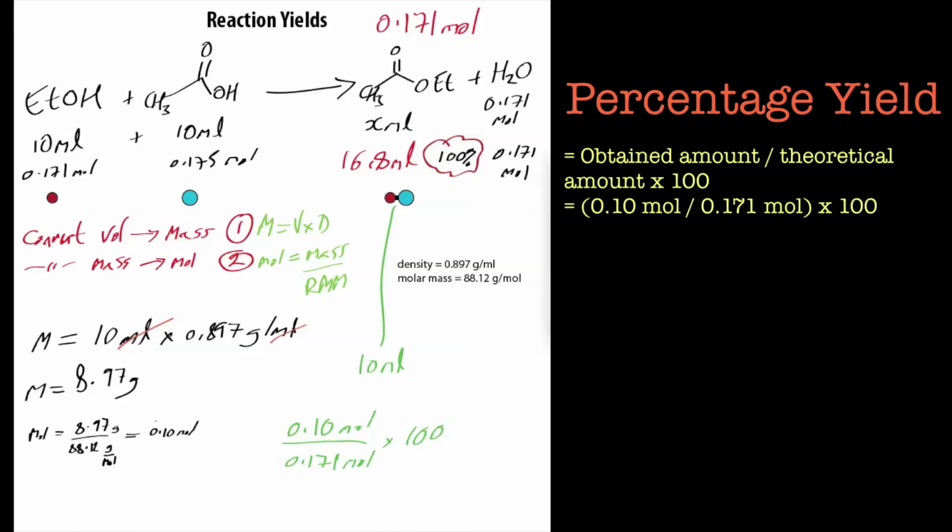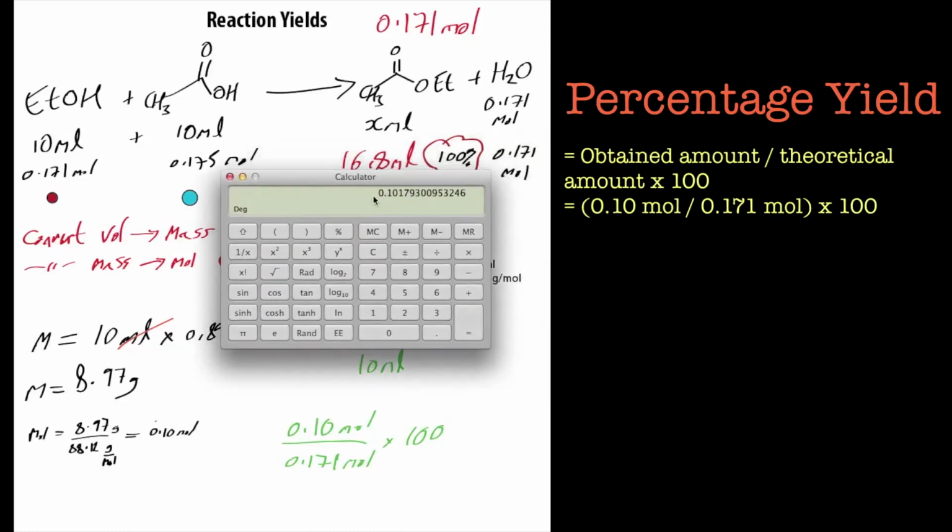Now bring the calculator up again. We divide this value by 0.171, we get 0.59, and we'll carry the 5 over, so that would become 0.60. Okay, 0.60 times 100 gives us a percentage yield of 59.53%.